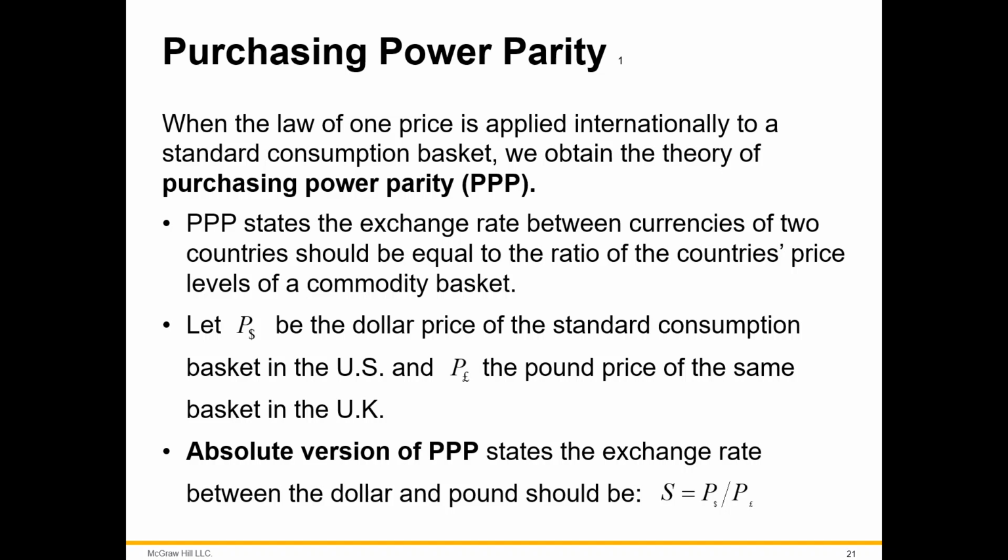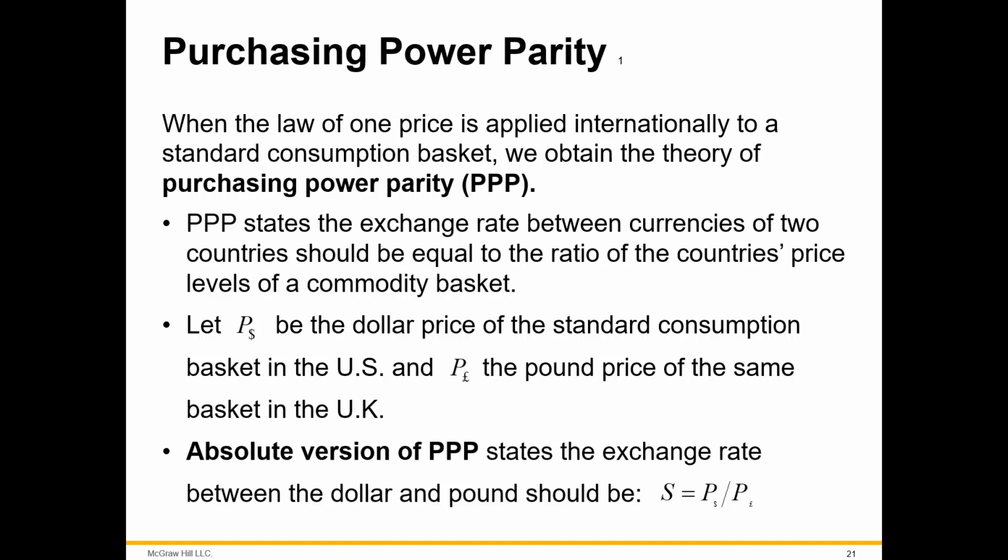So this law of one price-ish discussion will be in that spirit, that vein, where rather than a currency that has different expected future spot rates, we'll be thinking about a consumption basket.